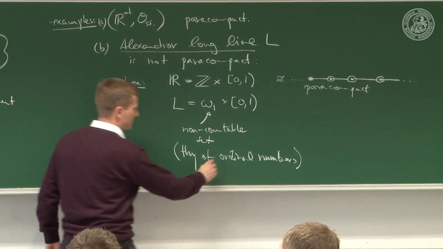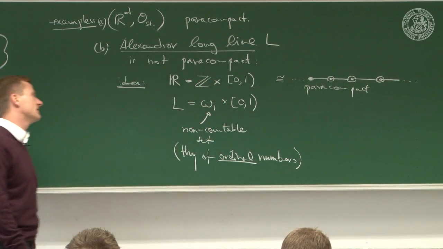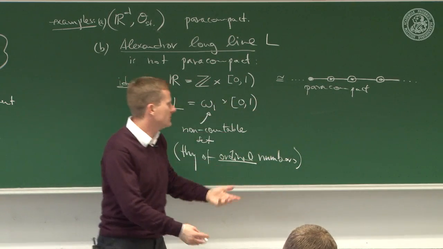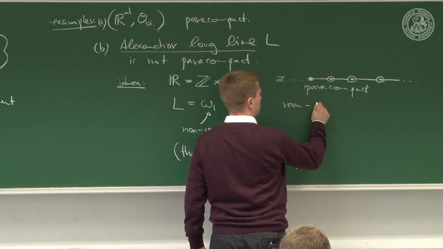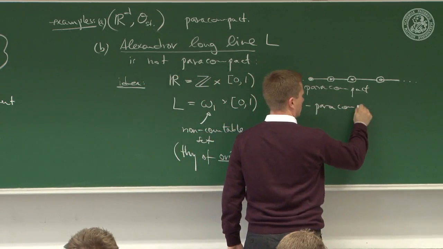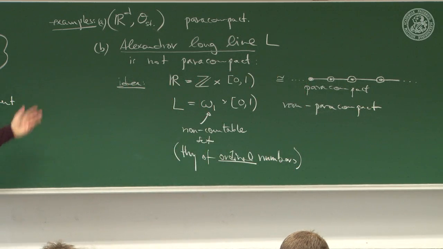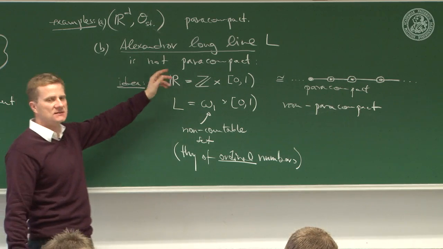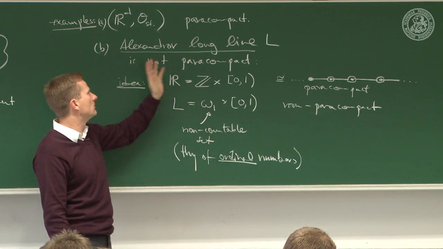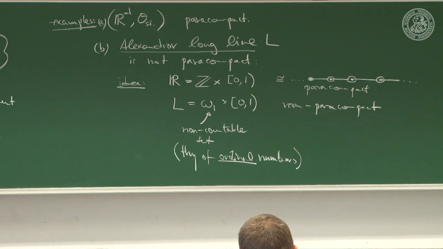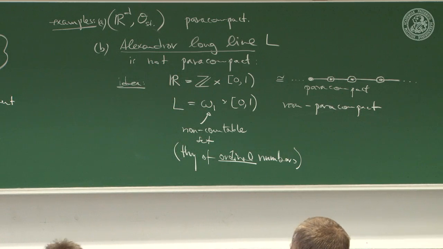Well, don't ask. If you want to read up on this, read up on this. The idea is take this non-countably often, and then you get a non-paracompact topological space. And of course, you induce the topology and so on. This is rather artificial, and the other examples that at least I know of are also rather artificial. So that's the intuition. Paracompactness is actually something rather natural.